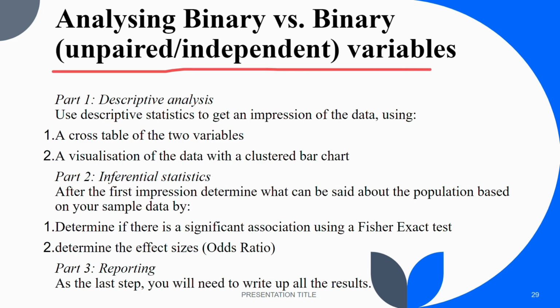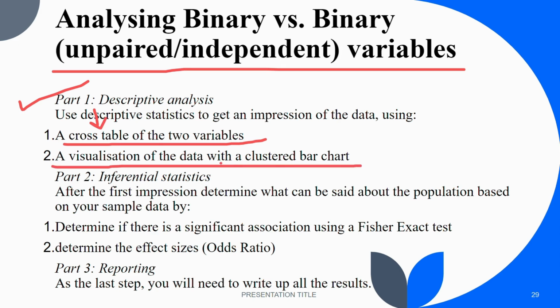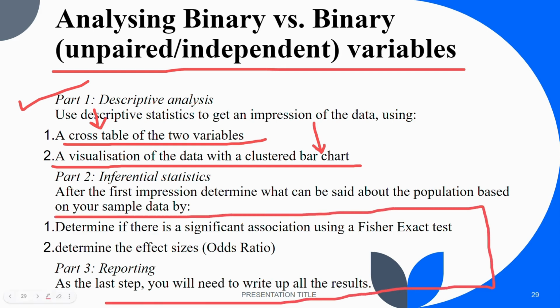Here any analysis will begin with descriptive analysis. In descriptive analysis, we will first make a table of the two variables known as the cross table. Further, we'll be visualizing the data in the form of a clustered bar chart, and finally we will be using the hypothesis test for understanding the influence.